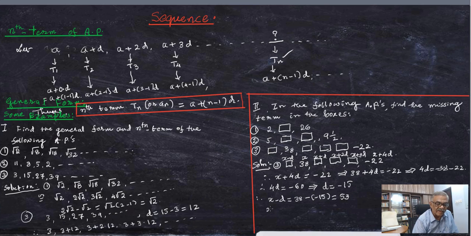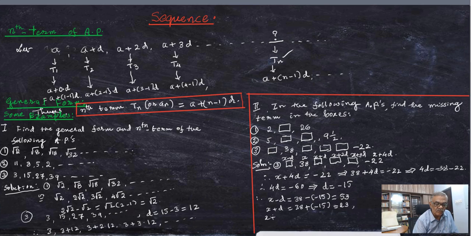Third term, x plus d is equal to 38 plus minus 15, that is 38 minus 15, which is 23.